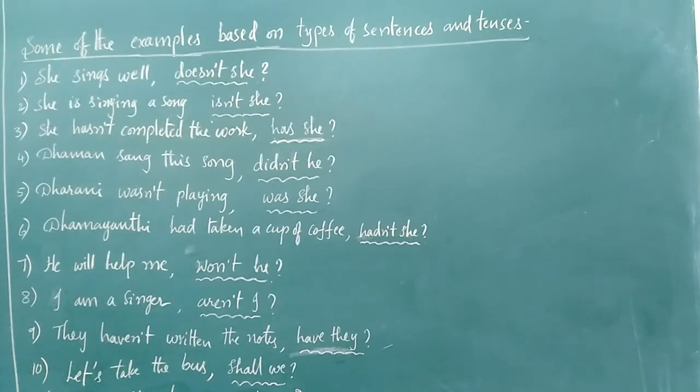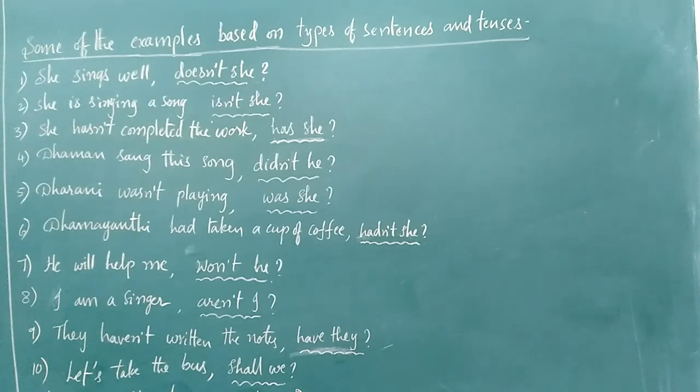Will becomes won't because the statement is positive and the question tag is negative, won't he. Next, eighth one, I am a singer. Of course, simple present tense, am is used here. It is not a helping verb here, it is actually the main verb. So it speaks about the position of me. That's why aren't I is used here, as we observed in the first slide.